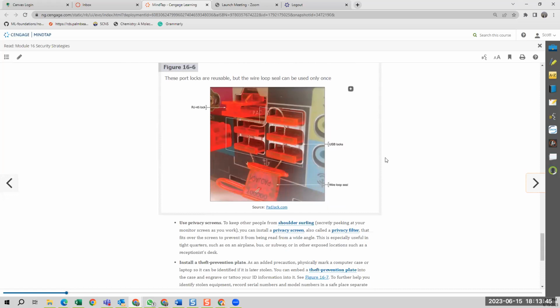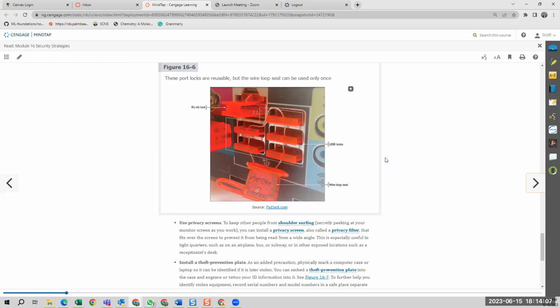Now, these USB locks, they are preventing access. Now, that access could be to take something from the system, or it could be to introduce something into the system. Either way, damage can result.